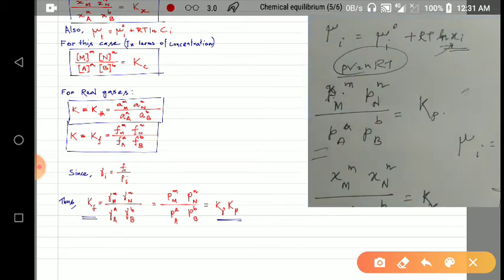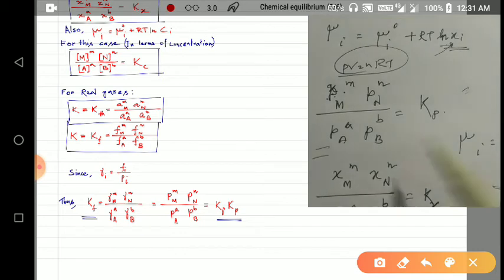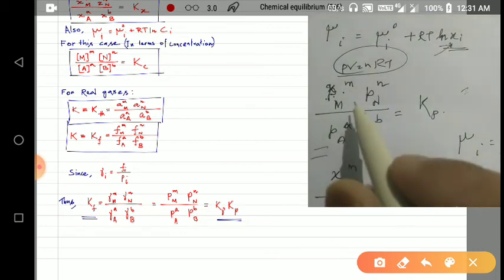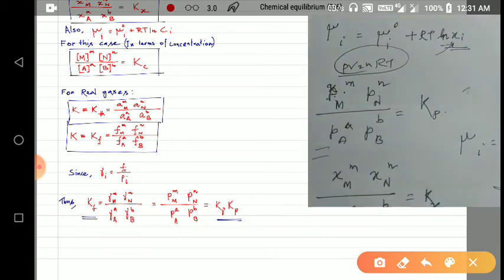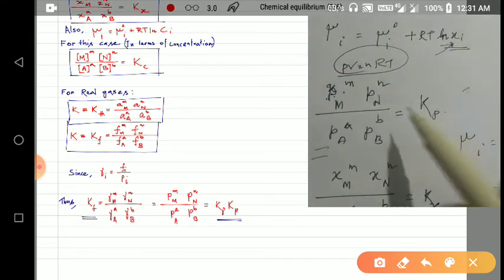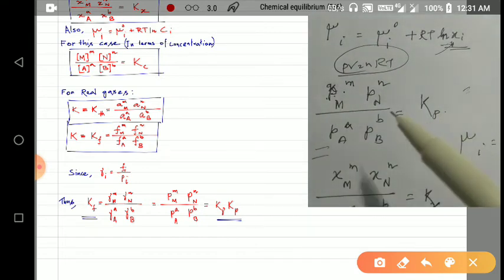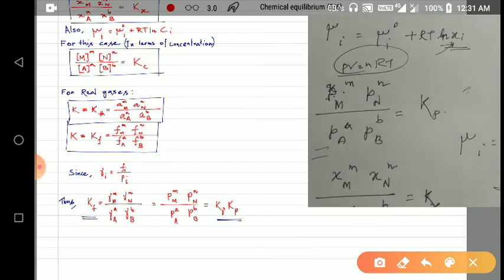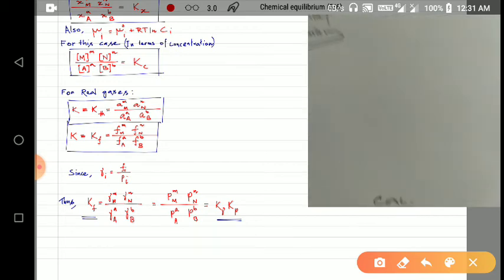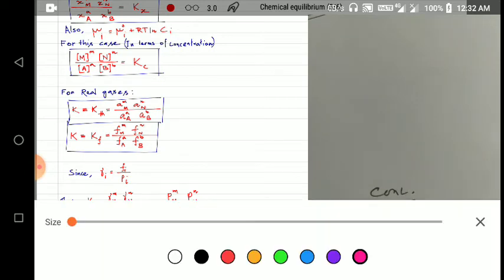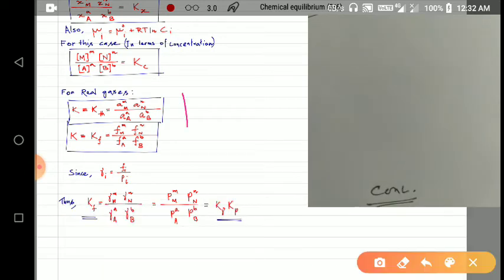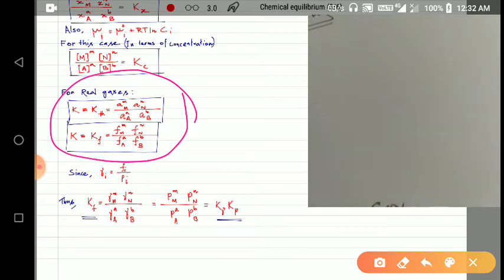But for real gases we cannot use this, because in place of pressure we have to replace the pressure term by fugacity. Here two relations are given for real gases.